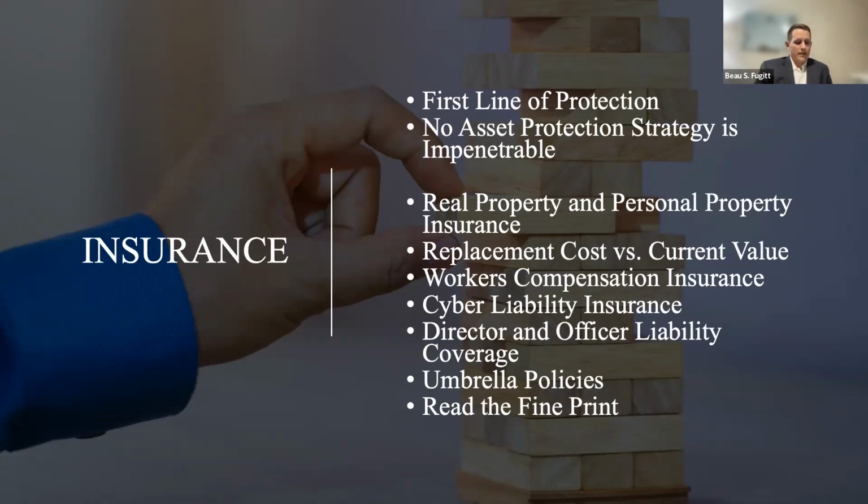Okay, so next, director and officer coverage, also known as D&O coverage. This is insurance against the actions or the inactions of the corporate directors and officers. There are generally three types. There is what we refer to as A-side coverage. A-side coverage covers the directors and officers from the wrongful acts that they committed in their capacity as officers and directors that the company doesn't indemnify them against.